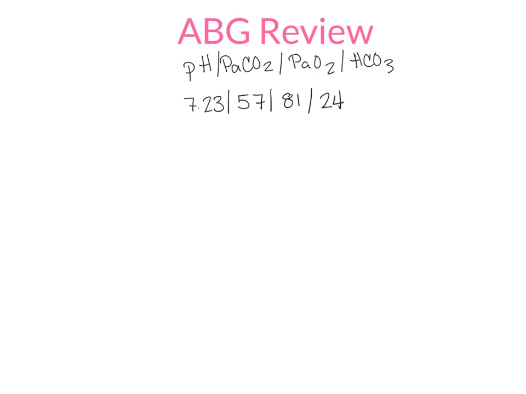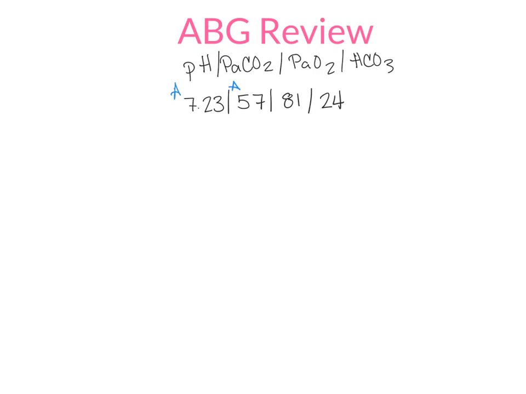So the first thing that you are going to look at is your acid-base status. The acid-base status looks at the pH, and 7.23 would be an acidosis. Now you're going to look at the ventilatory status and you're going to look at the PaCO2, which is also acidotic.